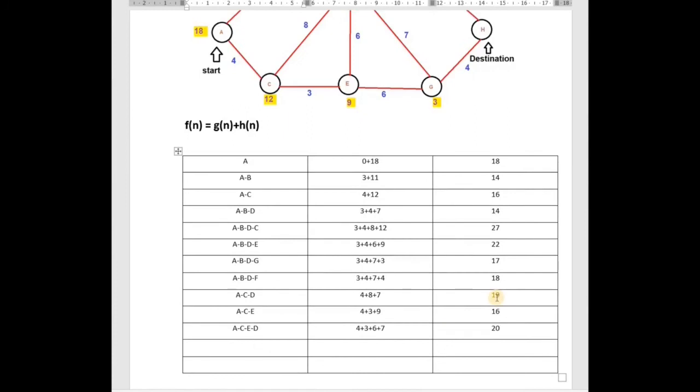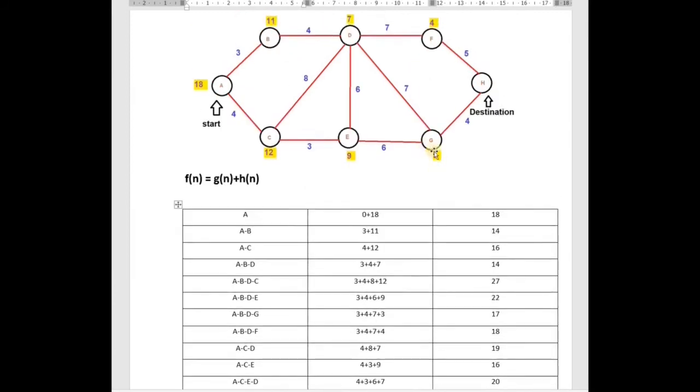I will check the next one, that is A, C, E and G. For A, C, E and G, I am getting 4 plus 3 plus 6 plus 3, so that is 16. I am getting the value as 16 there.